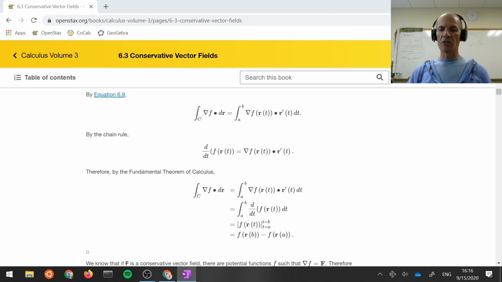This is a one-dimensional integral like you did in Calc 2, and you're integrating d/dt with respect to dt. All that means is I take what's inside, f of r of t, plug in b, plug in a, and subtract.